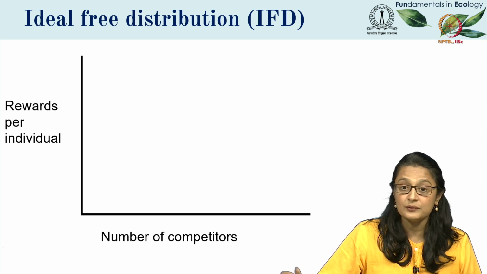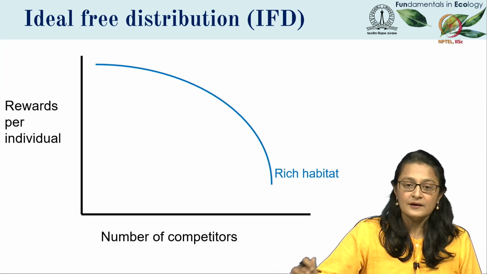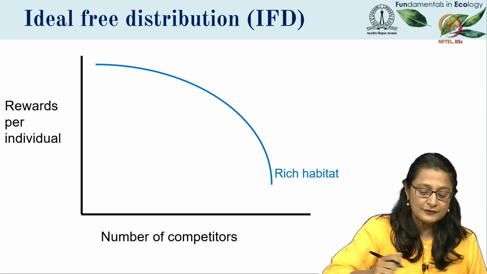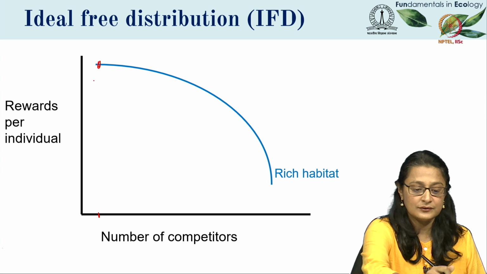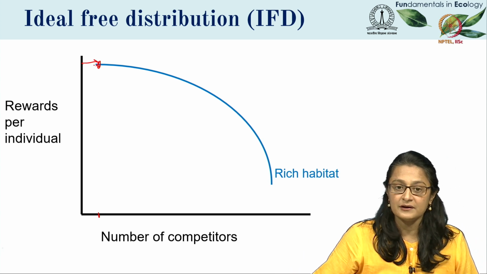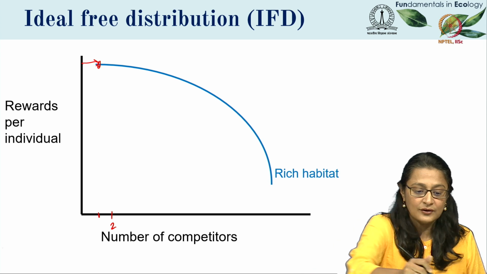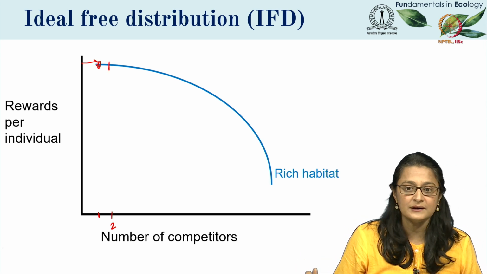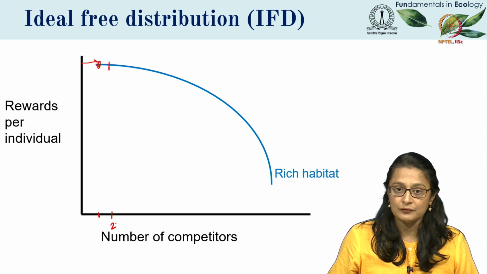So we're calling this rewards per individual, but it could be energy gain. In the rich patch, this is what a curve would look like. The first competitor who comes in gets a high resource because no other competitors are there. The second individual that comes in also has a high resource because now it's only competing with one other individual in that habitat, and so on and so forth.